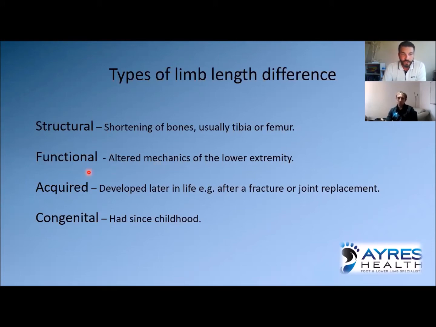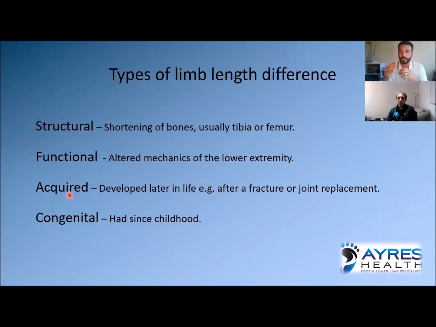Okay, so that's the two main types of limb length difference. We can then break those down into two further sections. So we've got acquired limb length difference. This is something that happens throughout life. It's usually caused by something like a fracture or a joint replacement.